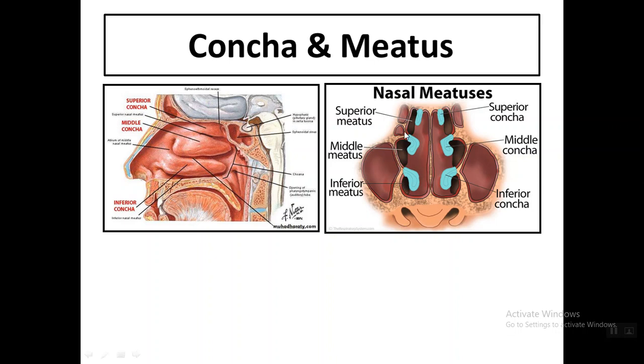The middle meatus will receive the opening of the maxillary sinus, the frontal sinus, and anterior ethmoidal sinus, while the inferior meatus will receive the opening of the nasolacrimal duct.